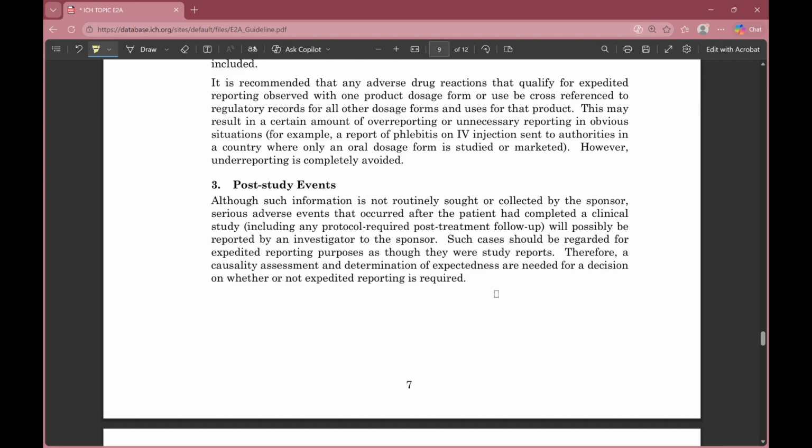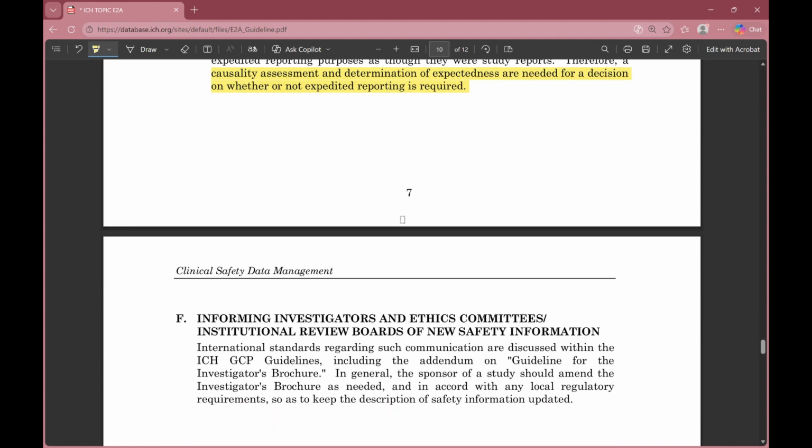What we need to do is look at the causality assessment and determination of expectedness to decide if expedited reporting is required or not. So even if the trial ends, the serious event must be evaluated like the active study cases. That is what comes under the post-study events, right?